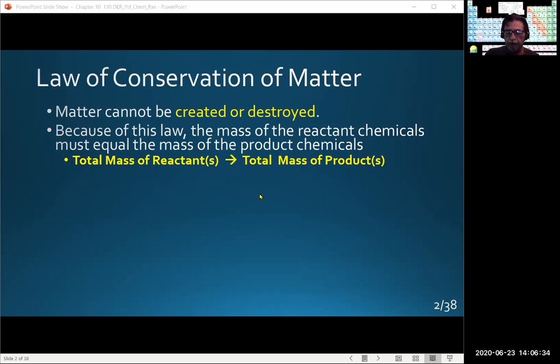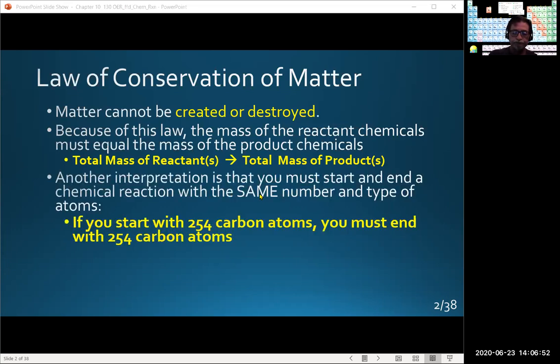In fact, we have means to verify that by having closed reactions where we can measure all the material. And sure enough, if we start off with 10 grams of reactants, we end up with 10 grams of products.